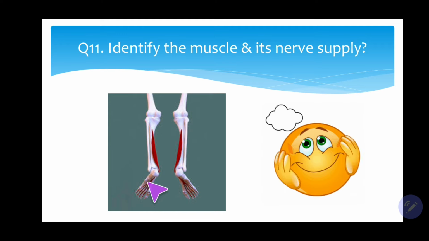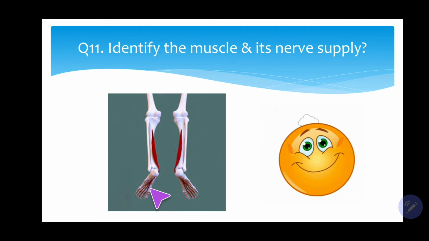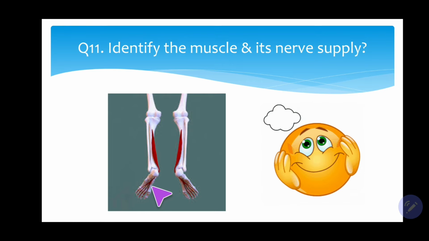Got it? And in its course, remember that these long tendons will also provide origin to the four lumbricals of the sole, which are also muscles of the second layer, right? So these lumbricals, unlike the palm, where you had two medial lumbricals which were bipinnate and two lateral lumbricals which were unipinnate, here in the sole there are four lumbricals.